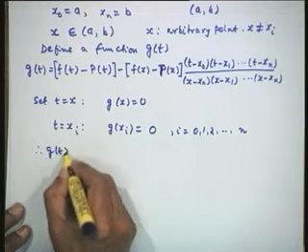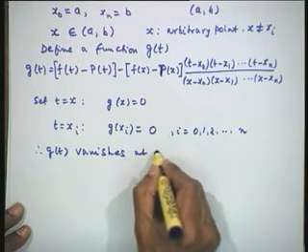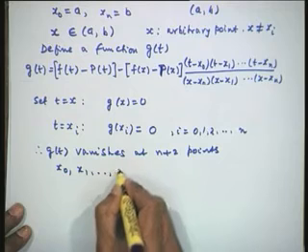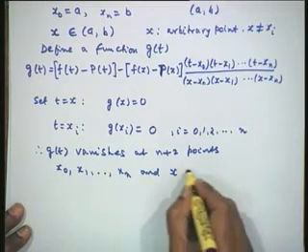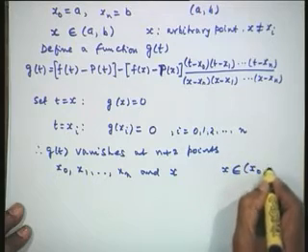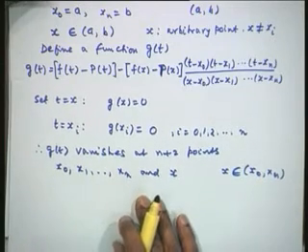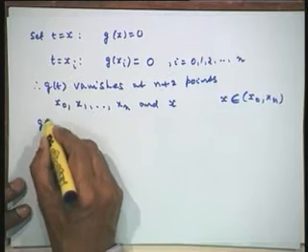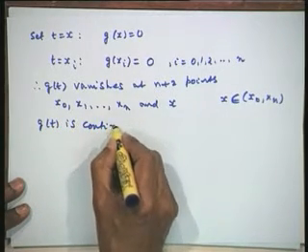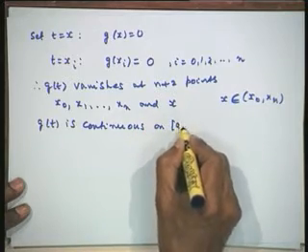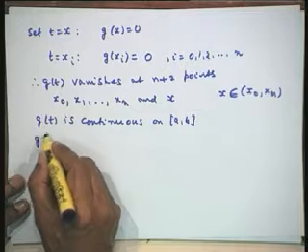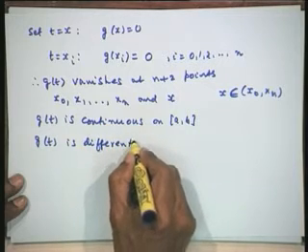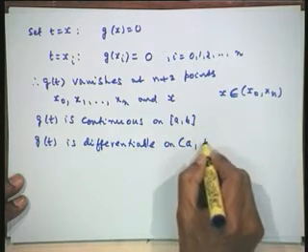Therefore, g(t) vanishes at n plus 2 points x_0, x_1, ..., x_n and x, and of course x is a point inside x_0, x_n, that is our interval (a, b). x is an interior point. g(t) is continuous on [a, b], and differentiable; we assume that differentiability is also required a number of times. g(t) is differentiable on the open interval (a, b).